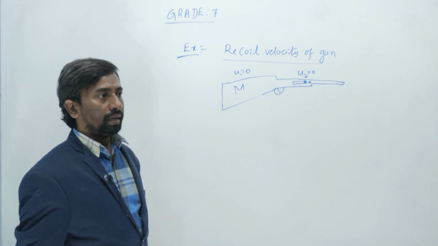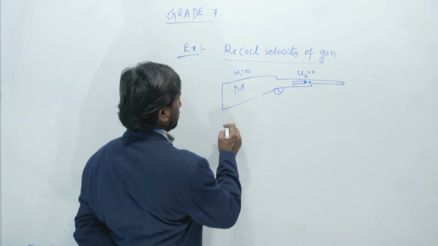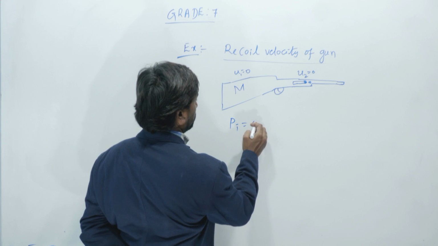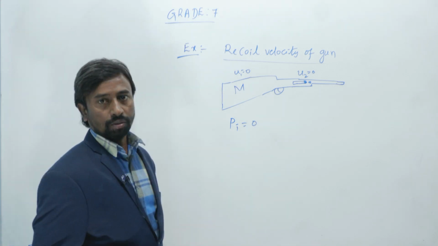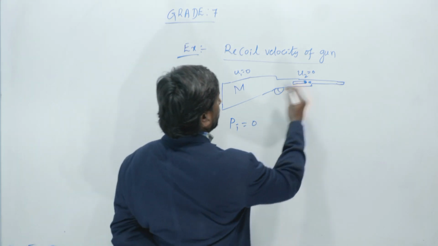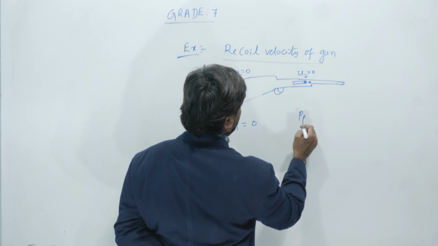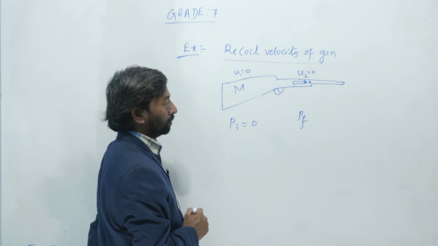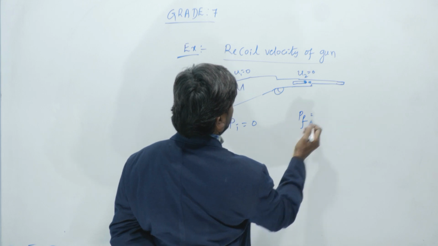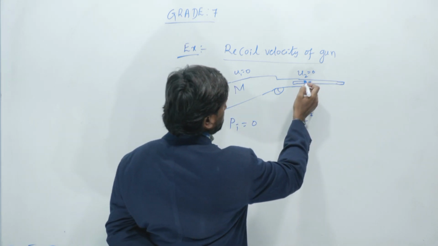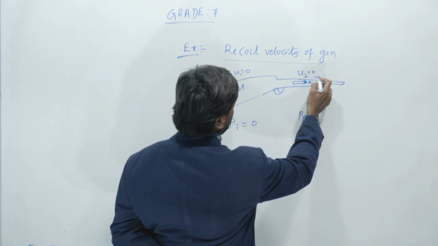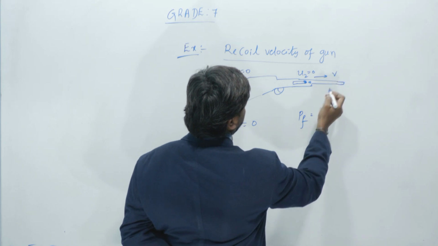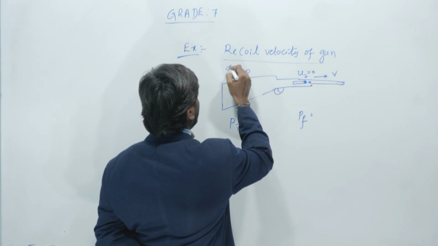Now the total momentum before the gun fires, the initial momentum, will be 0. When it is fired, after firing, there will be a final momentum. After the gun fires, the bullet moves with a certain speed v, and the gun moves backward.